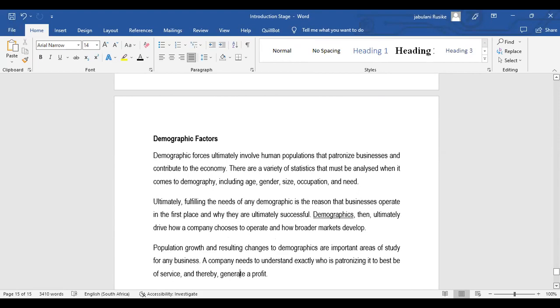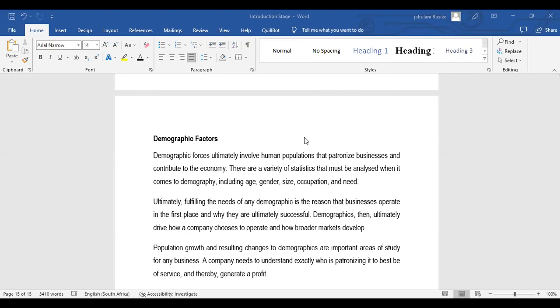So as an organization, you have to know the size of the population, the size of your target market, and also the income level of the target market that you're operating in. The income level, I think I've explained in the economic factors.